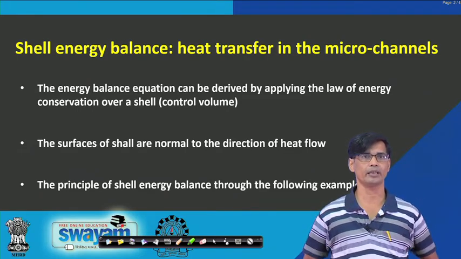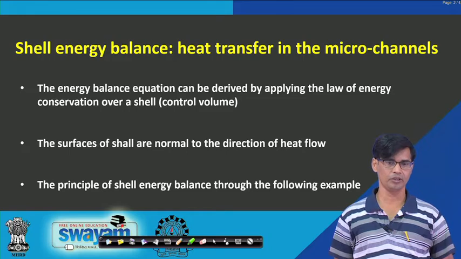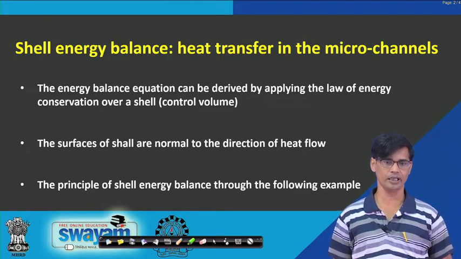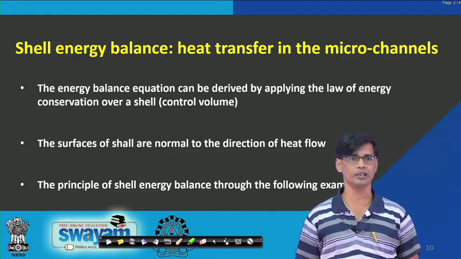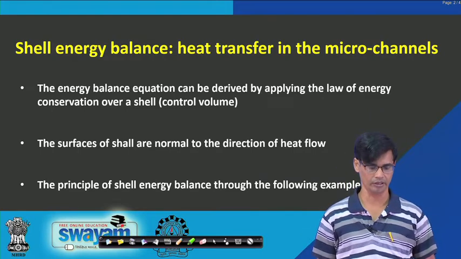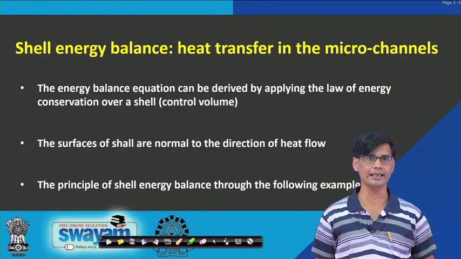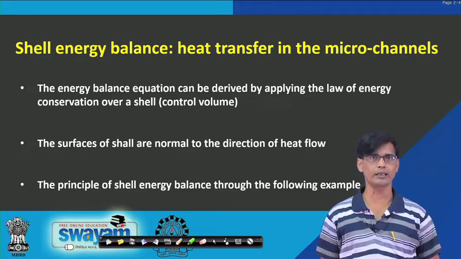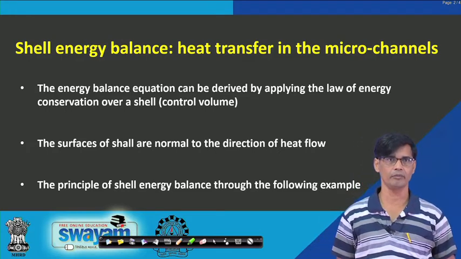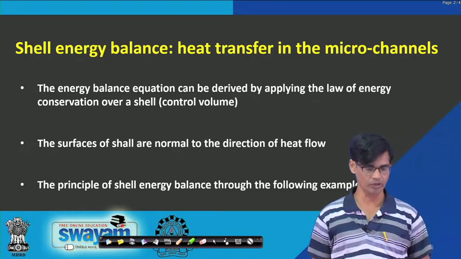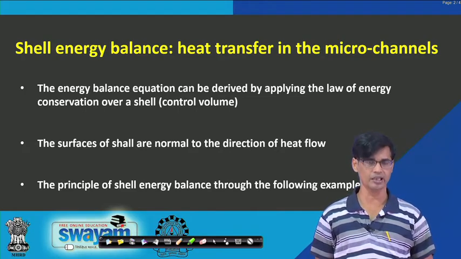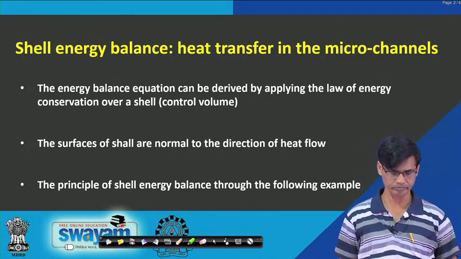Based on the physical description of the problem, or the understanding of the system, any chemical engineering system, might be mechanical or nuclear, whatever it is, that system might be understood very clearly. Based on that understanding, we have to derive the model equation. That model equation is useful to diagnose the system subsequently.